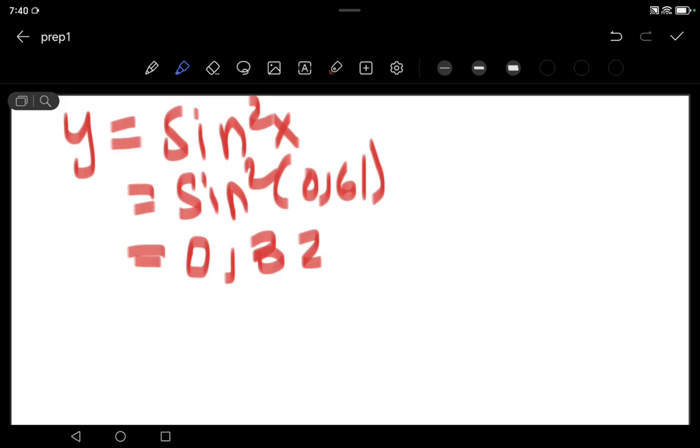Yeah, I see you're getting that. You didn't change your calculator to radian, right? Yes, you have to change it to radian all the time. Remember, whenever you have a trigonometric function, you change your calculator mode to radian all the time.